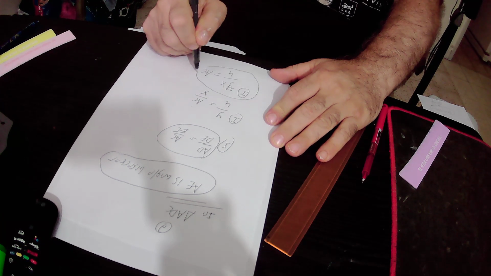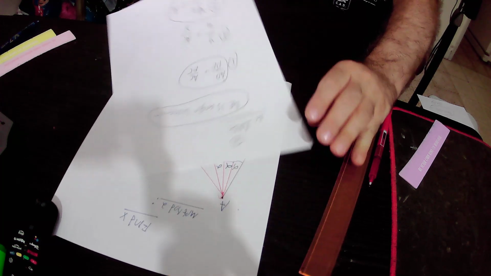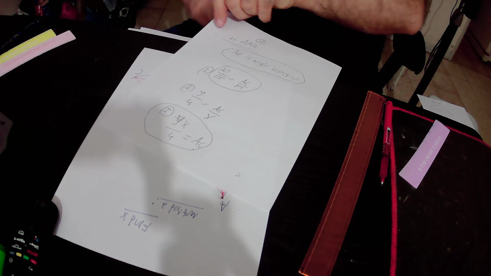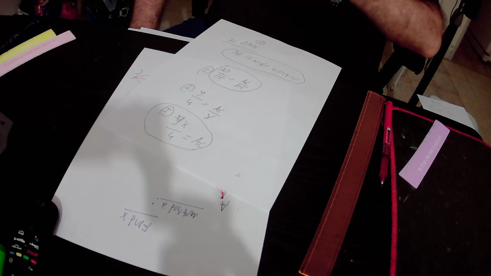We got in equation number 1 that AC equals y times x over 4.